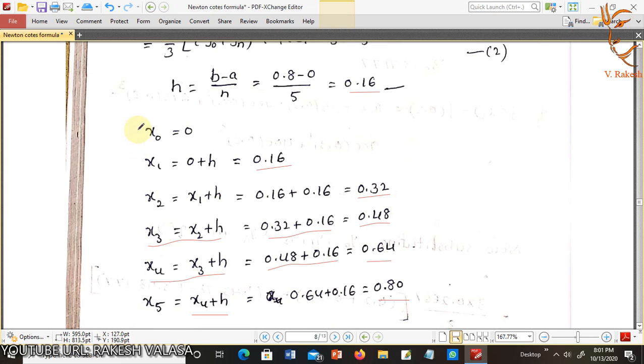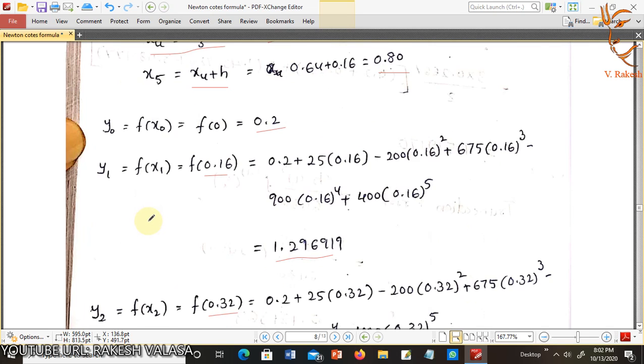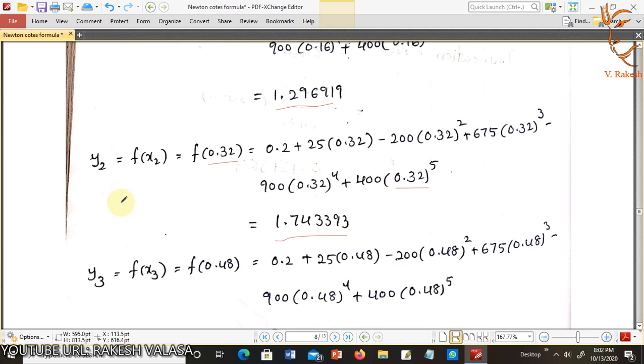See here, for the first two segments, up to x naught, x1, x2, that means y naught, y1, y2, you can use Simpson 1 by 3 rule.